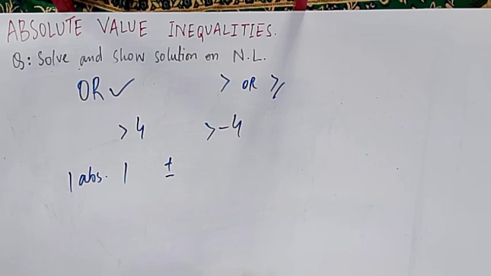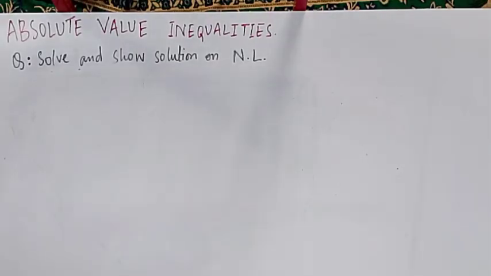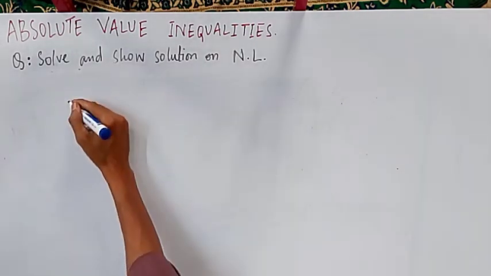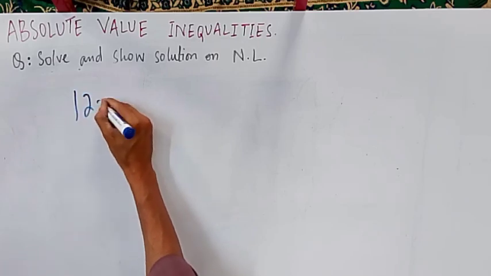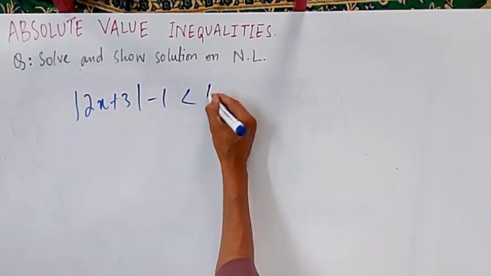Other than that, another mistake which you people can make is very common and is very related to the previous concept, in which we did absolute value equations or linear equations: you forget to isolate the absolute value. In this question we have not seen it. For example, if we have something like |2x plus 3| minus 1 less than 4.